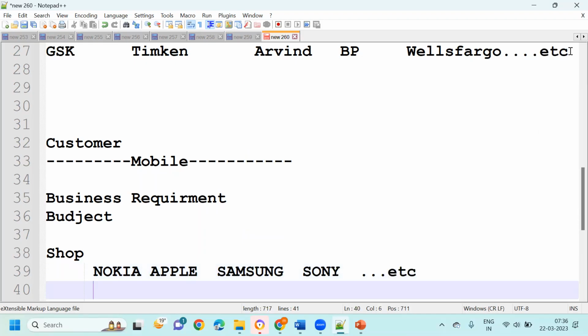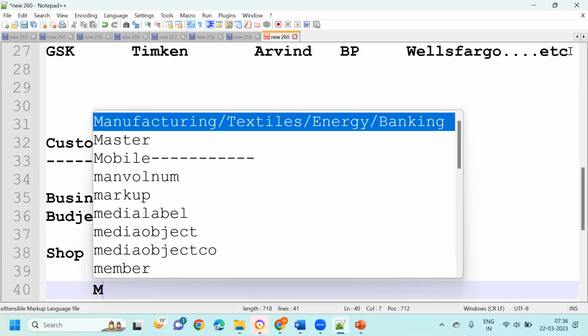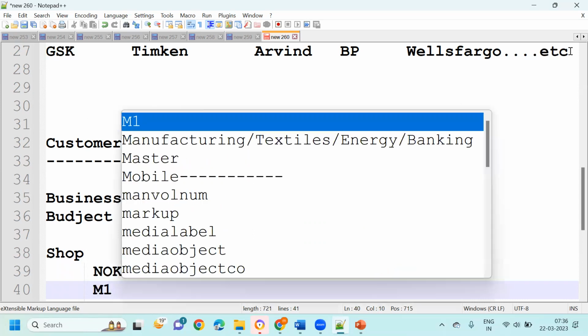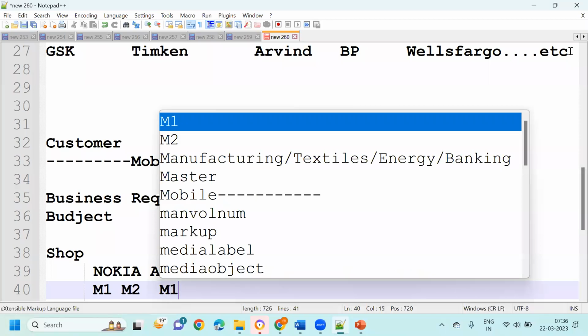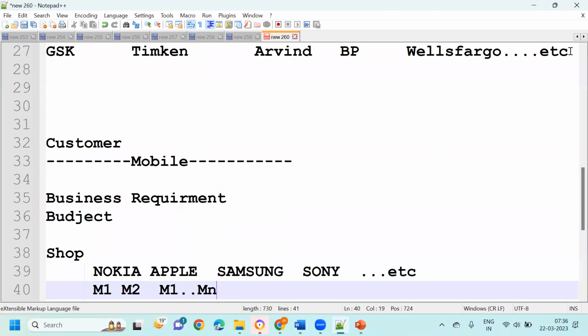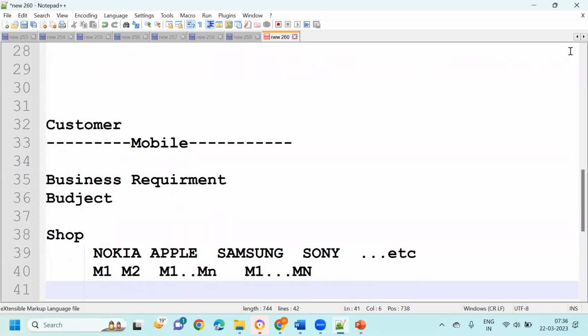Each brand again contains multiple models. If you take Nokia, there are multiple models: model 1, model 2, like this. If you go to Apple, there are n number of models again. If you go to Samsung, this is model 1, and like that we have n number of models again. Likewise Sony. Each and every brand contains n number of models, and each model contains multiple features.